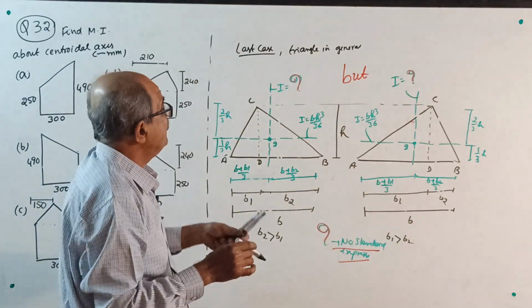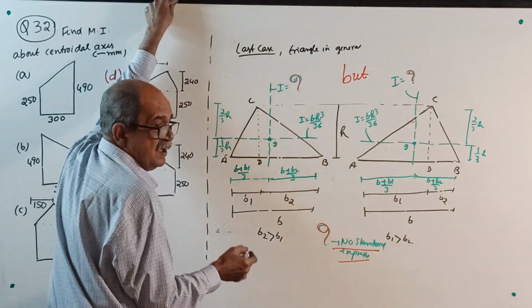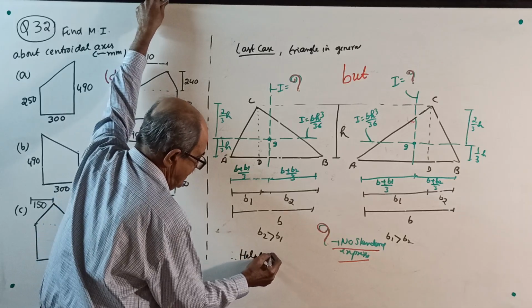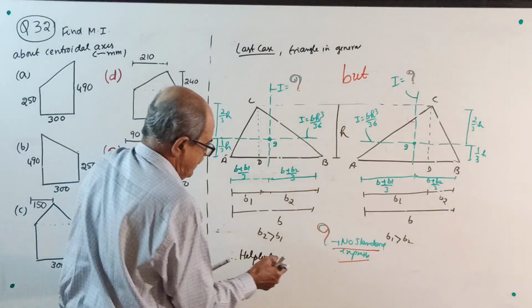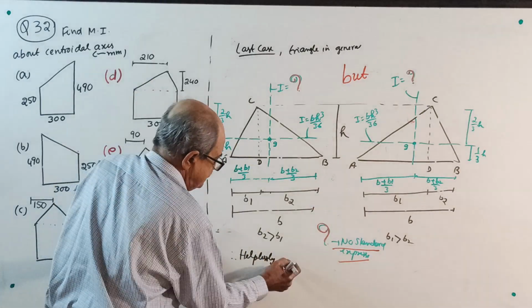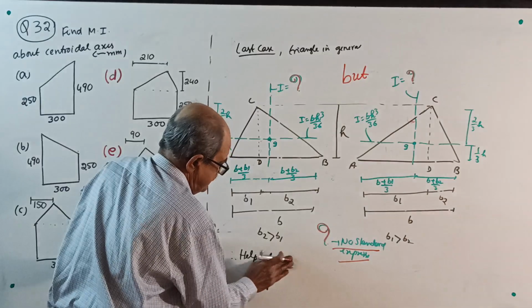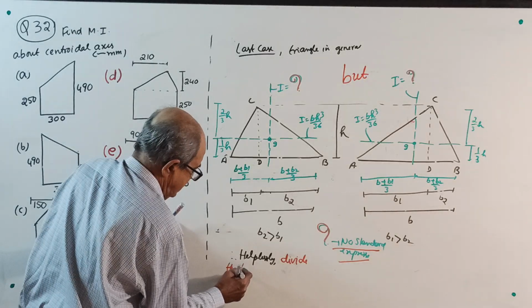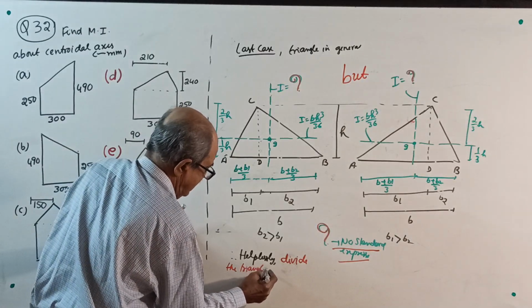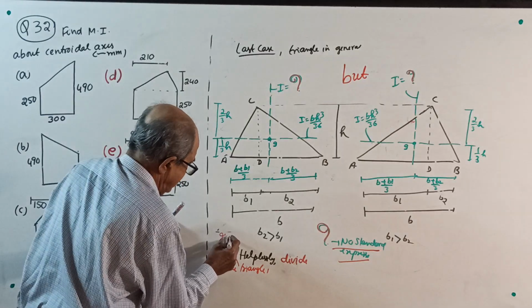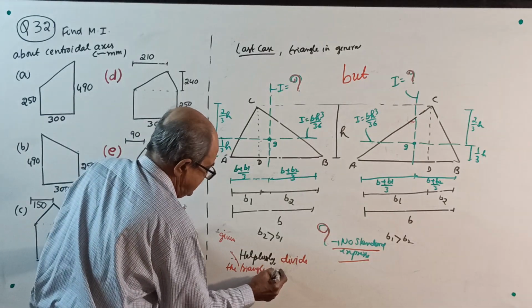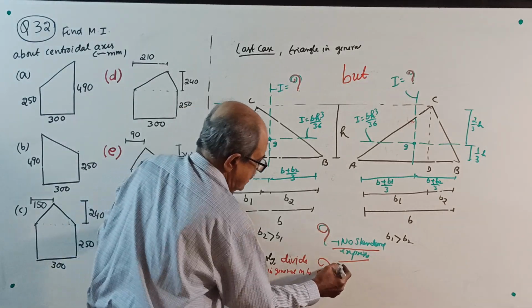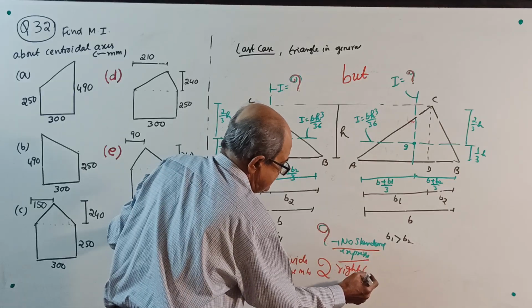So what to do is, helplessly, divide the given triangle in general into two right angle triangles.